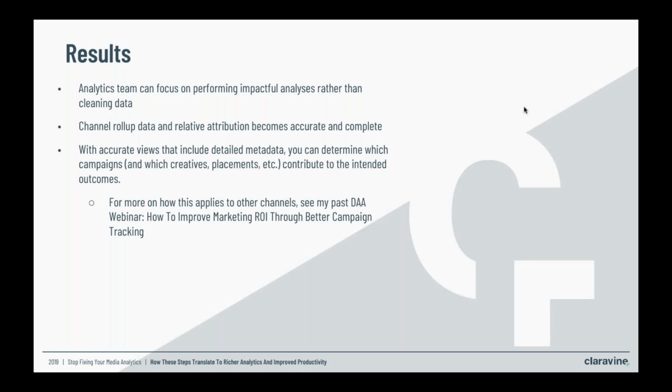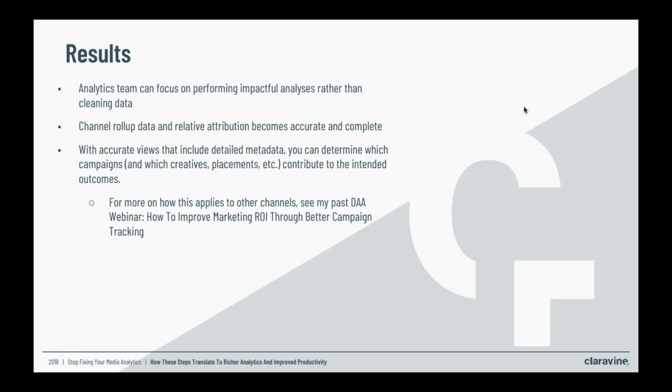And so by undertaking the steps for an accurate channel roll-up by syncing this data, you're able to feed better data into your attribution models, and better data will, of course, produce more complete results that you can make quality decisions off of. And all of the decisions that you can make from here generally could translate into improved ROI for these campaigns because you're starting from a better place.